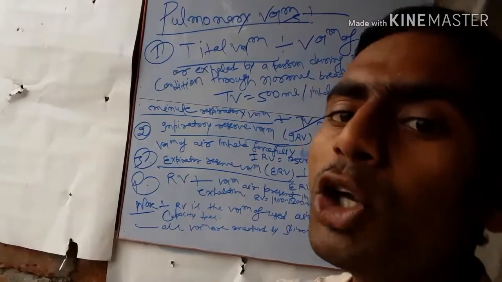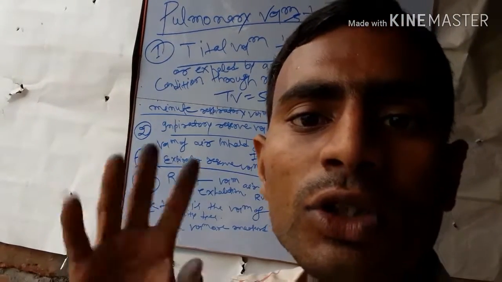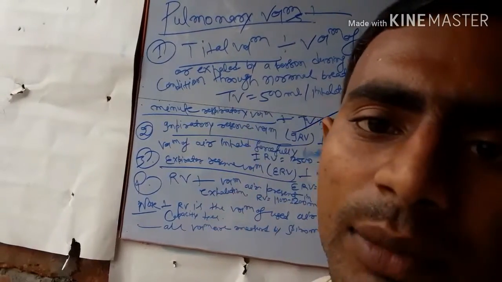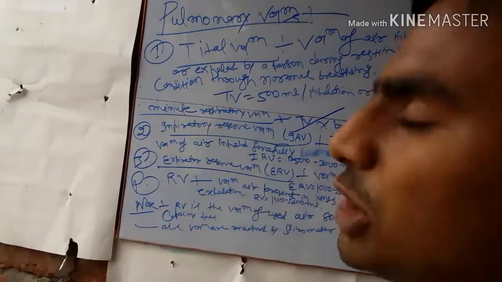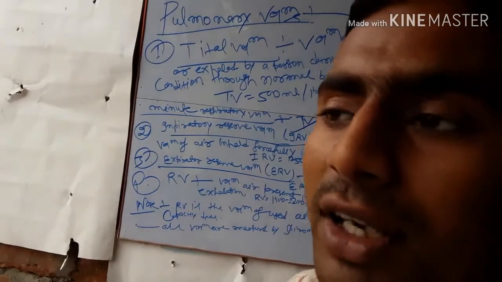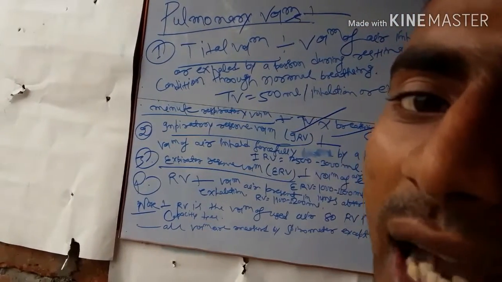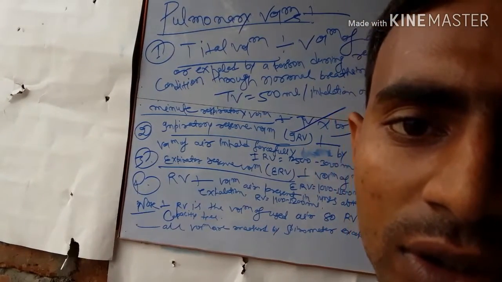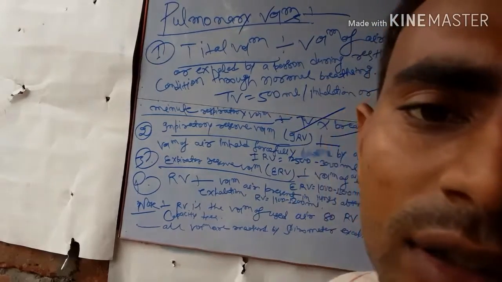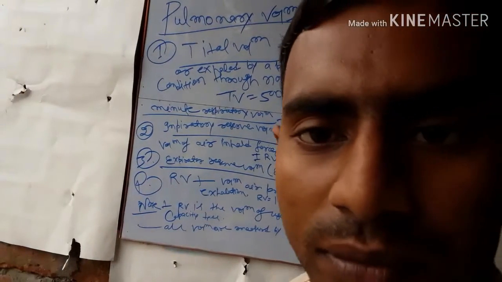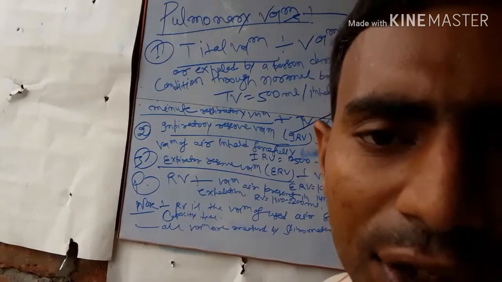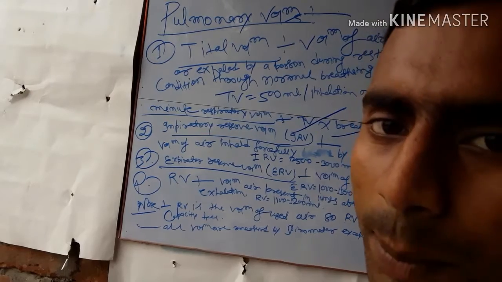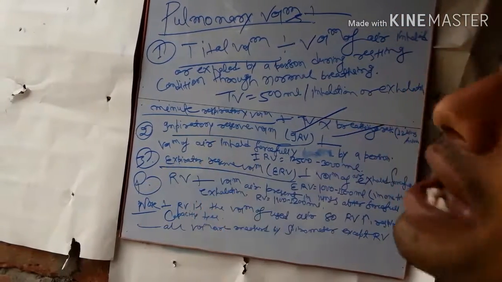What is the volume of respiration in 1 minute? From the 12 breaths, 12 times 500 milliliter, the minute respiratory volume is 6000 milliliter. This means 6 liter per minute.